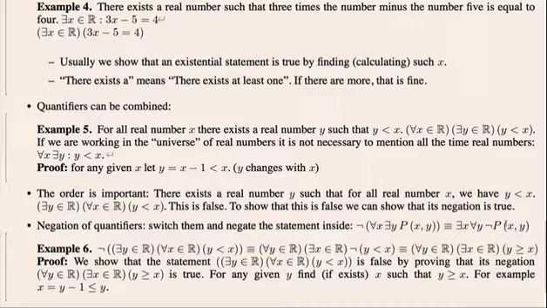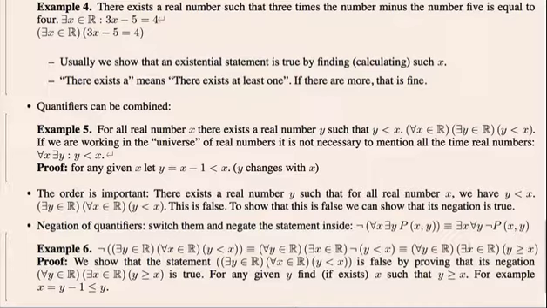So it's not p. For example, if we negate this previous statement, that there is this y real number such that for all x real number, y is less than x, we take the negation, we switch the quantifier, so now it says that for all y real number, there is an x real number such that it's not true that y is less than x, and we negate inequality by switching around the inequalities and allowing equality.